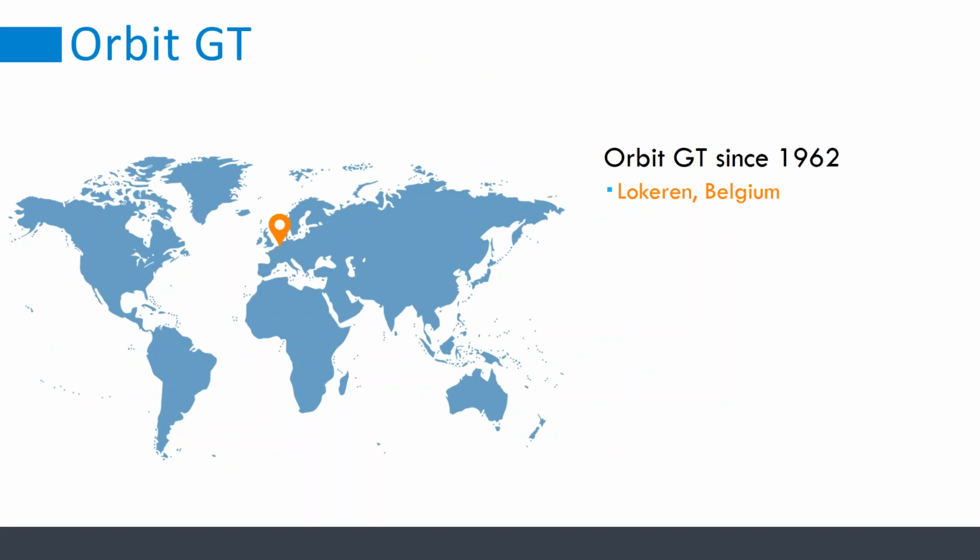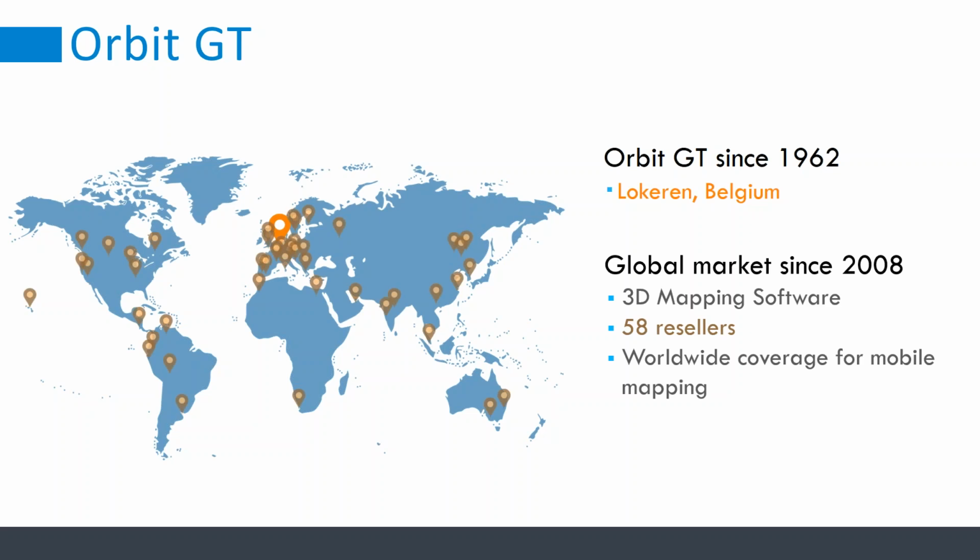So Orbit GT, we're headquartered in Belgium, in Lokeren, which is quite close to the office of FiberPlanIT in Belgium. We exist since the 60s. It's a family-owned business, but based on the evolution and the possibilities in software that you had at the end of the last century, we got a market which is since 2008 really global.